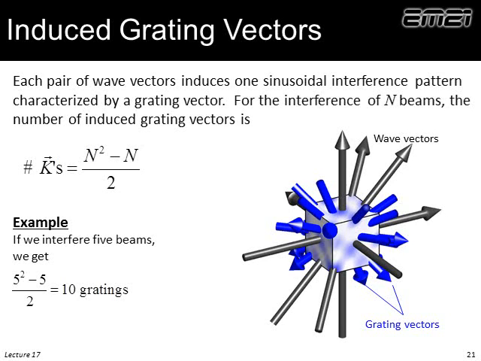If we have four beams, and it goes on, given big N being the number of beams that we're interfering, the number of grating vectors that we get is (N squared minus N) over 2. So for example, if we have 5 beams producing interference, that actually induces 10 gratings, because there's 10 different combinations that we can pair off those 5 different beams.